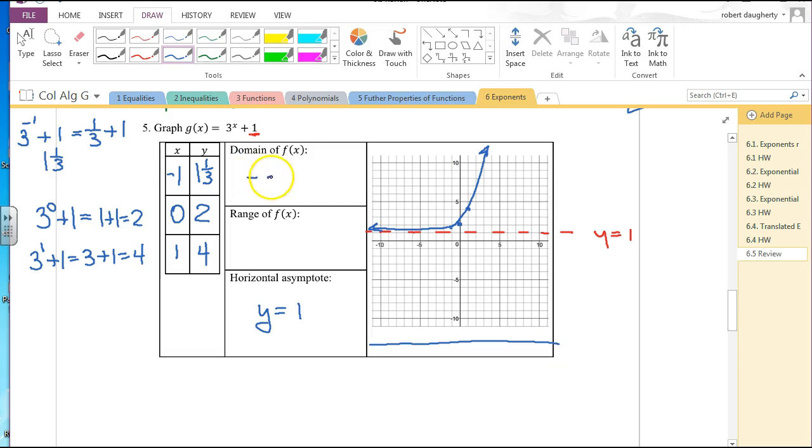The domain is negative infinity to infinity. If I look at the range of this, I start down here at the y-axis. There are no values until I get to 1. So it starts at the asymptote and it goes to infinity. And because it's an asymptote, I've got a parenthesis, because it never hits that number, it's always approaching it. So that's the graph of 3^x + 1.